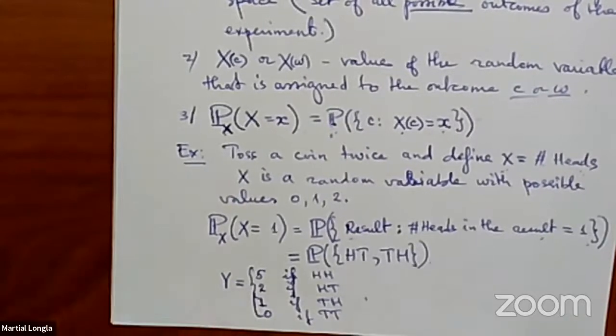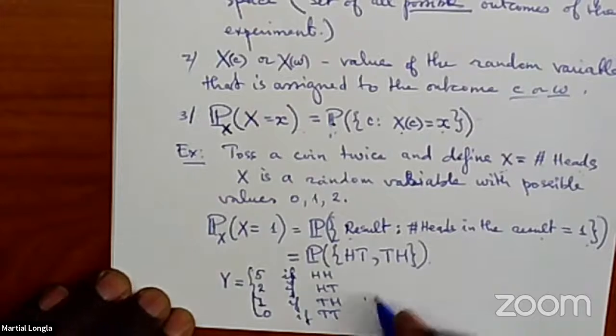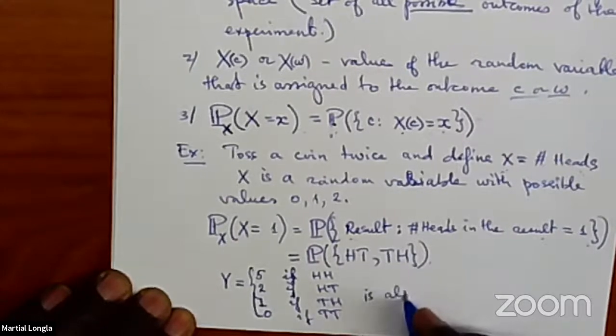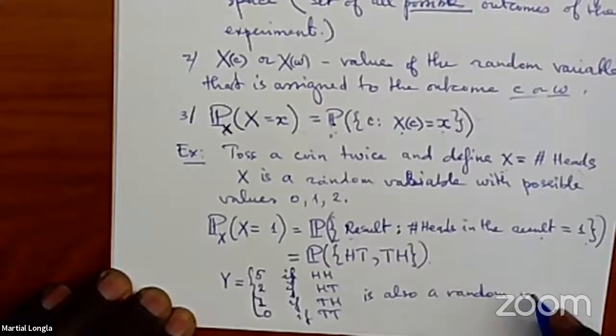That's also another random variable that is defined on the outcomes of this experiment. It's also a random variable.